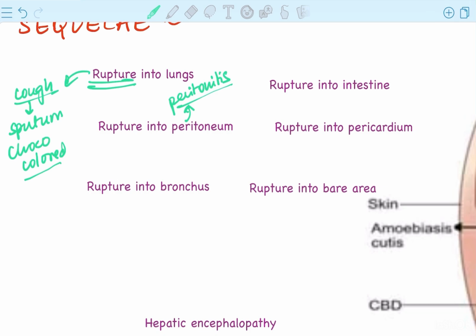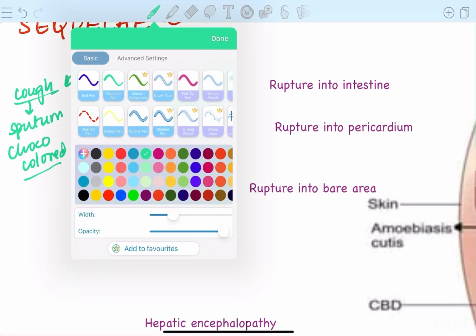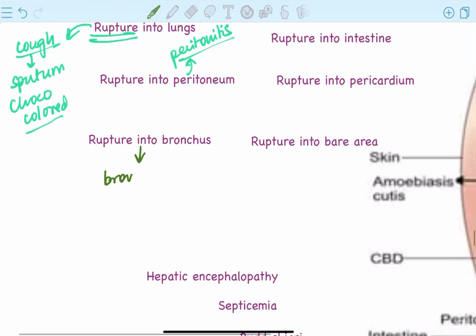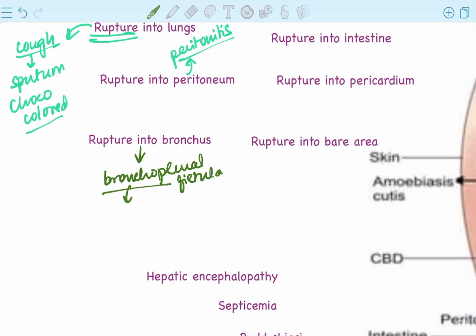When it ruptures into the bronchus of the lung, you can have a fistula. A bronchopleural fistula can form. Once the bronchopleural fistula is formed, we can cough out anchovy pus as a whole.